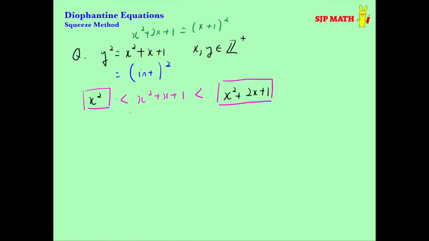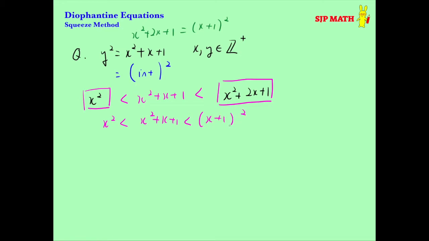We found two square expressions in terms of x that bound this expression. But now is the crucial part. We're going to rewrite this as x plus 1 squared.